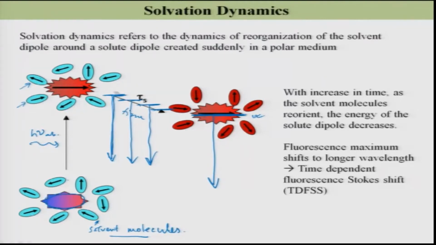Obviously, this one will be more blue shifted and this will be the red shifted. That means this emission spectrum will be of higher energy and this one of lower energy.